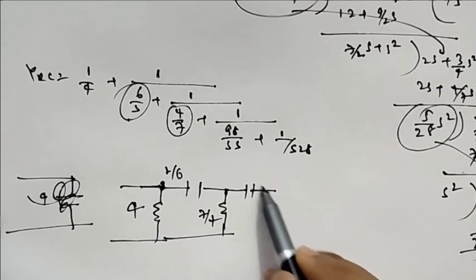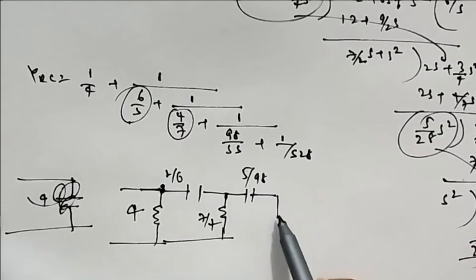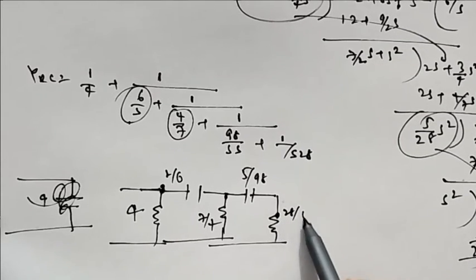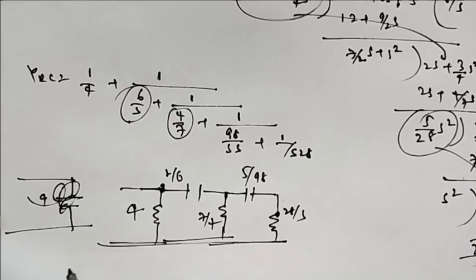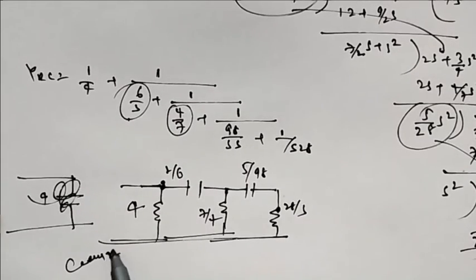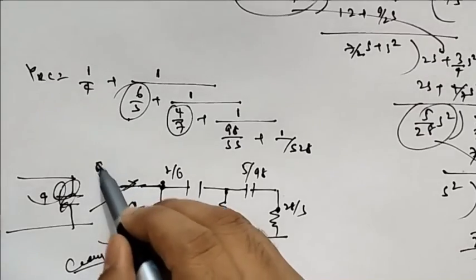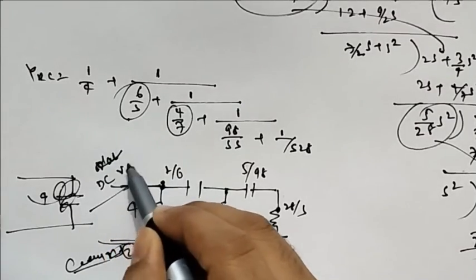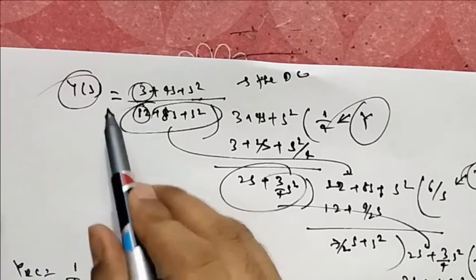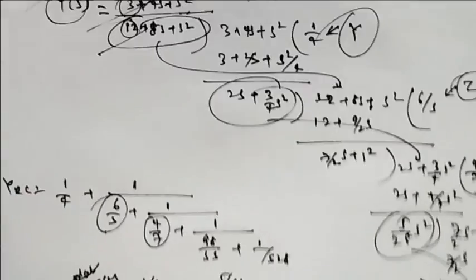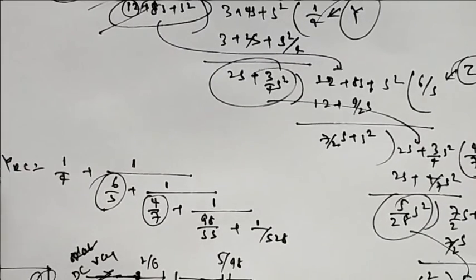Again taking capacitance will be 5/98, now taking resistance it is going to be 28/5. So this is your Cauer 2 form. Here we have just removed the DC value, that is why we have taken from the lower order value. So this is all about Cauer 1 and Cauer 2 for the RC network.